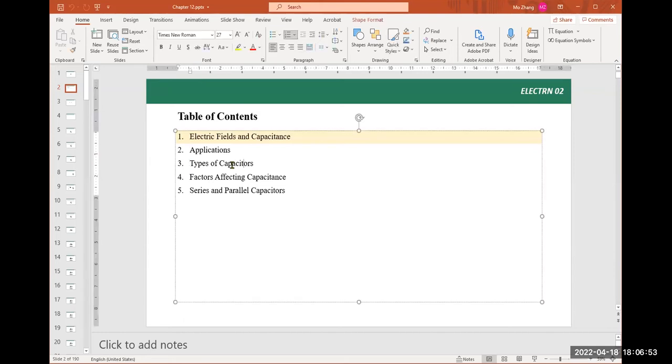We have capacitors made using different materials. Then session 4, the factors that affect capacitance. And then the last session, series and parallel ways to connect capacitors. So let's start with session 1.